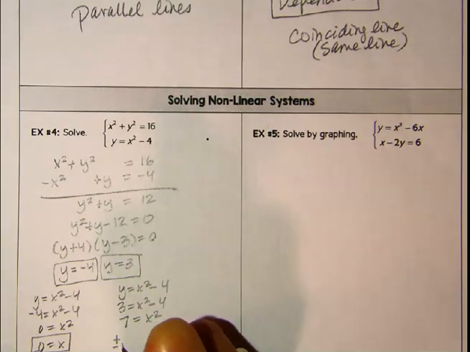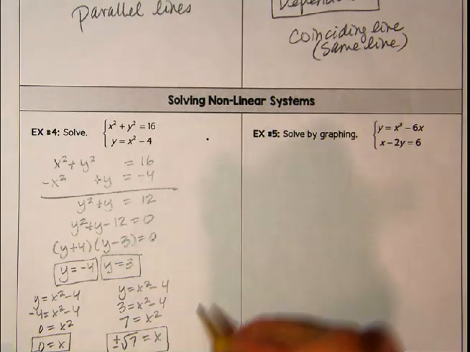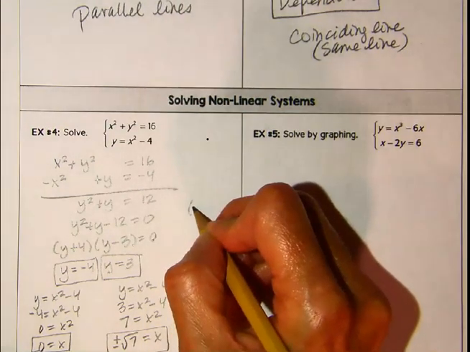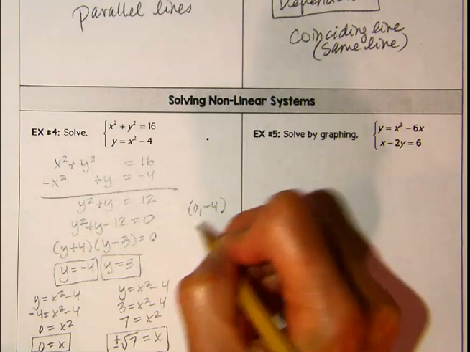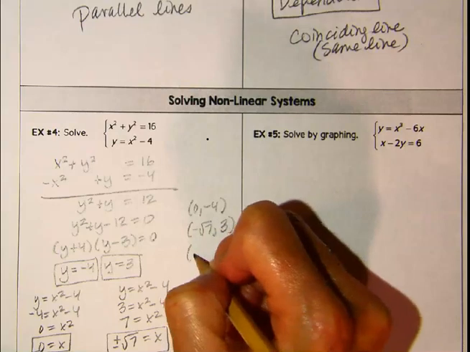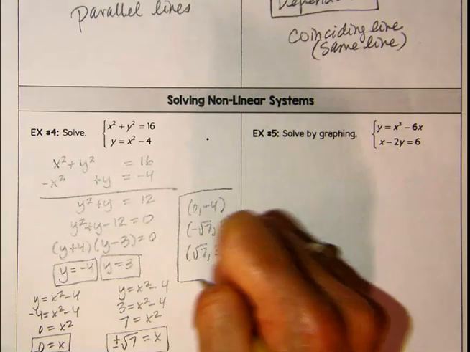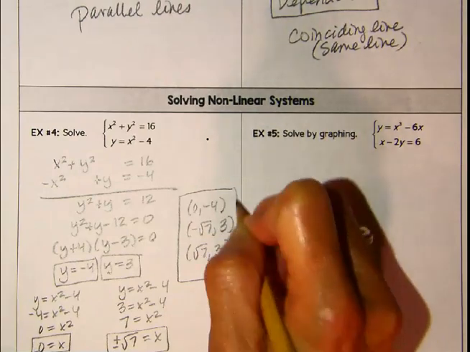So if I take the square root, that's positive or -√7. So actually, I got 3 points. I've got the point (0, -4), the point (-√7, 3), and the point (√7, 3). So there are 3 solutions to this one.